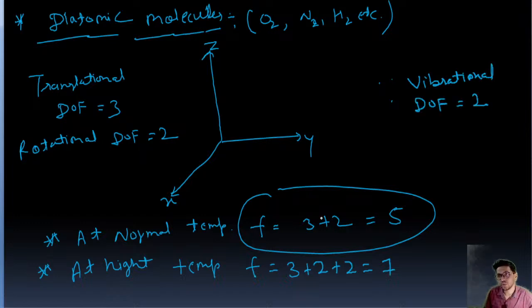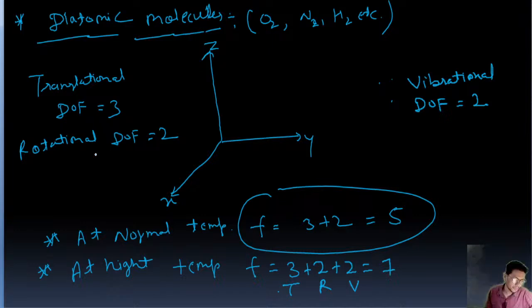So 3 plus 2 plus 2: this is translational, this is rotational, and this is vibrational. At high temperature the vibrational degree of freedom also gets added. So 7, very important thing. You need to note it down.